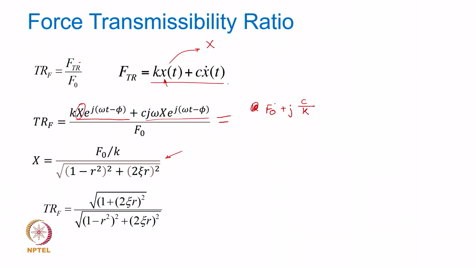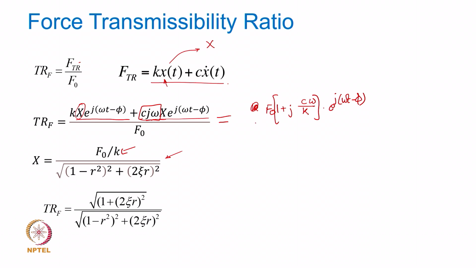F naught will be again constant. So, this is going to be 1 plus j c omega over k, because these things will be c omega and then k is coming from this side. That multiplied by e to the power j (omega t minus phi).